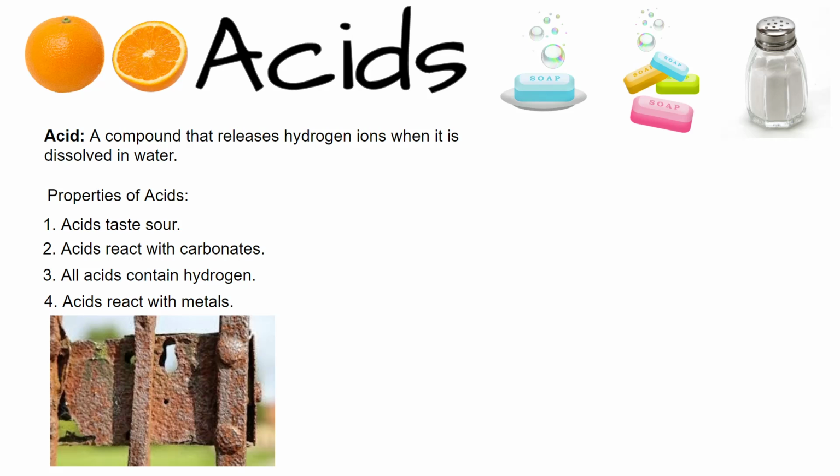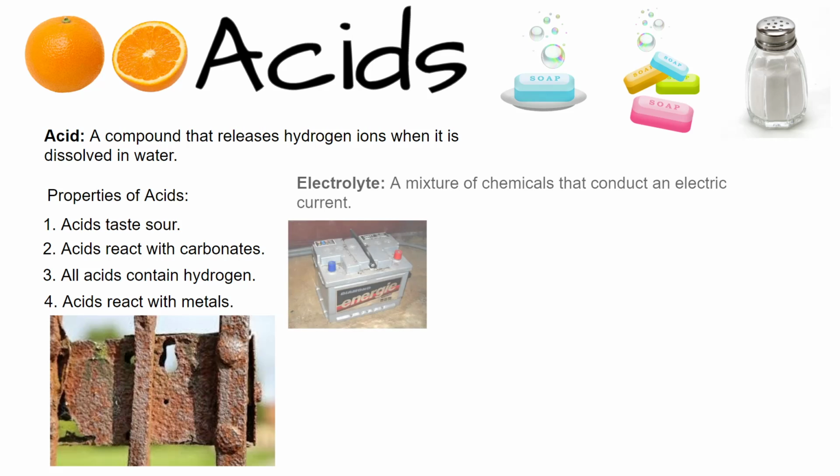Because acids produce charged ions, they are electrolytes. An electrolyte is a mixture of chemicals that conducts an electric current. A car battery is a good example of an acid used as an electrolyte. When an acid dissolves in water, some of the molecules may not dissociate.